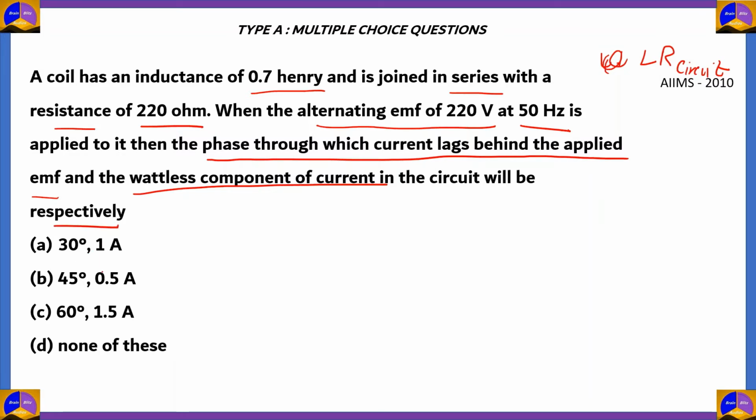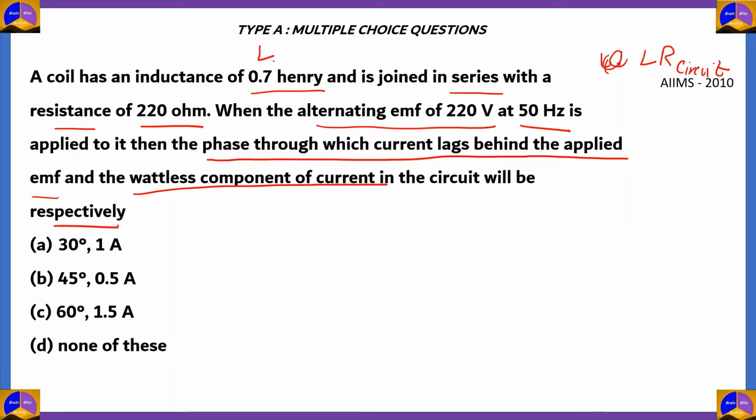So we need to find both the phase difference and the Wattless component of current. We have the following options: 30 degrees, 1 ampere; 45 degrees, 0.5 amperes; 60 degrees, 1.5 amperes; none of the above. How do we solve this question?